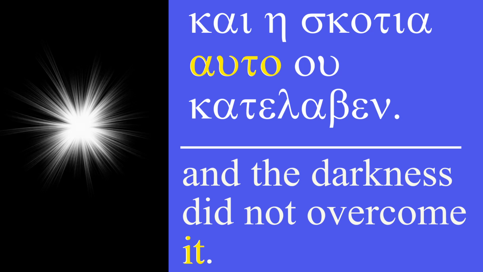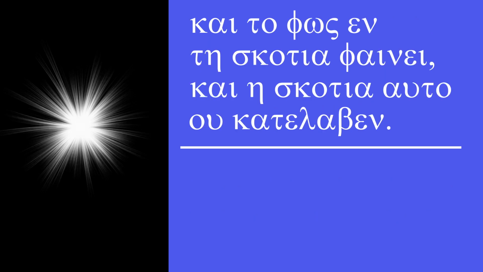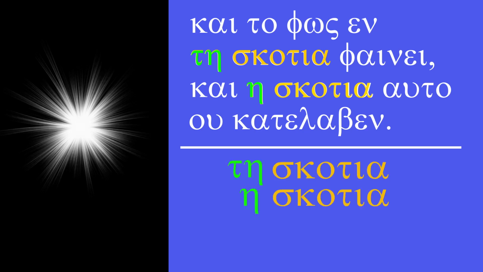I will pull up the full verse and we will look at 2 grammar points. So let's first look at the skotia article noun agreement. In the first sentence, we had ti skotia. In the second sentence, we have I skotia. Notice how the word the changed in these 2 sentences. It is ti in the first sentence and I in the second sentence. Both are attached to skotia and both are feminine.